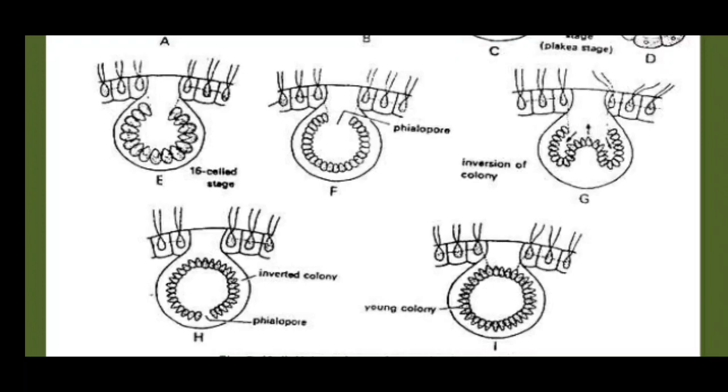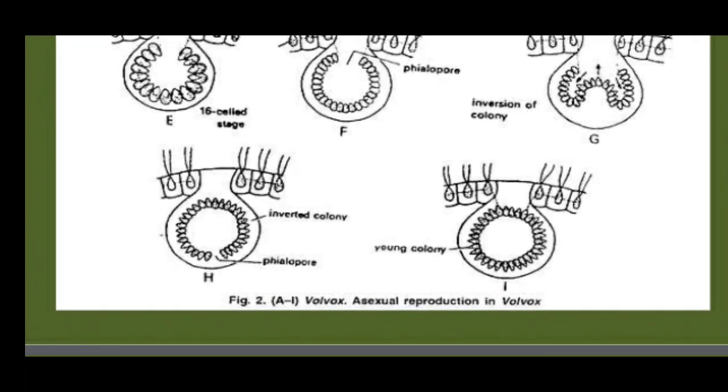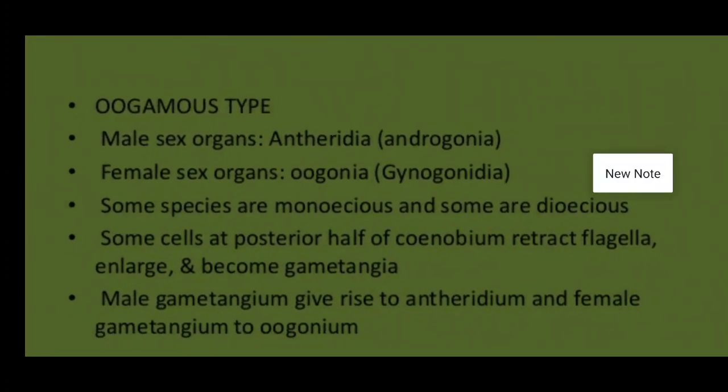Before the inversion, the phialopore is on the outside of the hollow cavity. After the inversion, the phialopore is inside, under the hollow cavity. So you observe this. After that, the phialopore is closed by other cells and forms a hollow ring, a young coenobium.